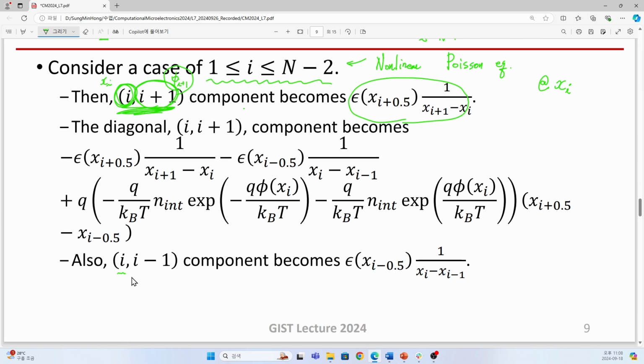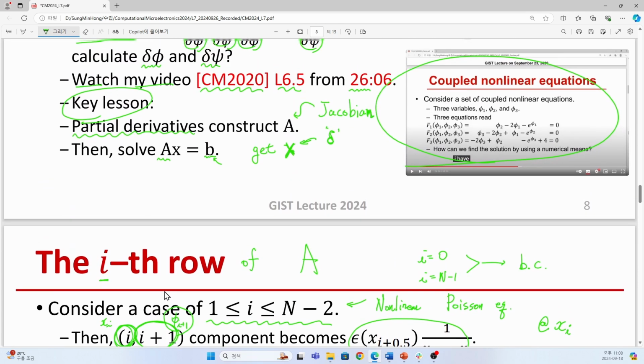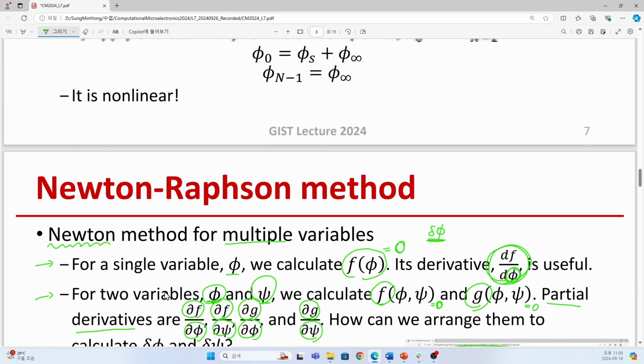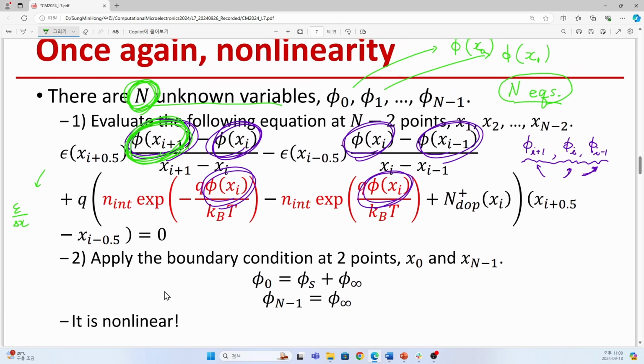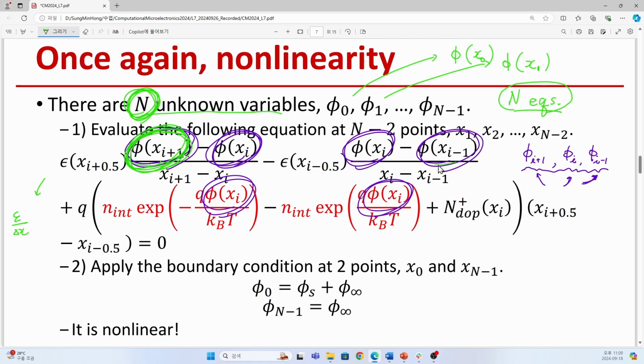And let's go to another one. This quantity is also in the same row. However, the column index is i minus 1. It means that we want to calculate the partial derivative with respect to phi sub i minus 1. Where can you find it? Then, of course, you can find it only at this point.